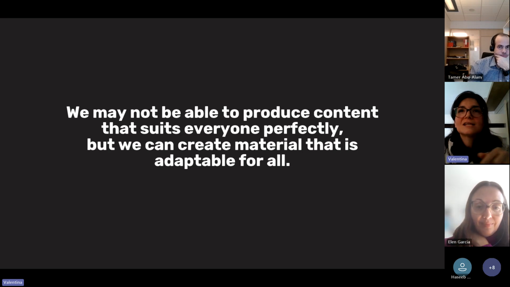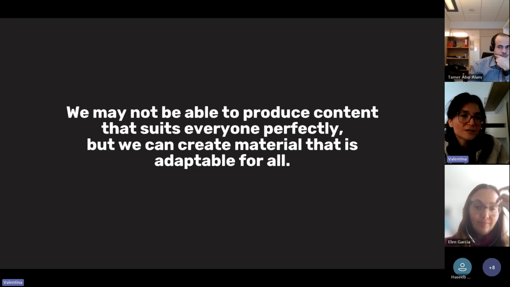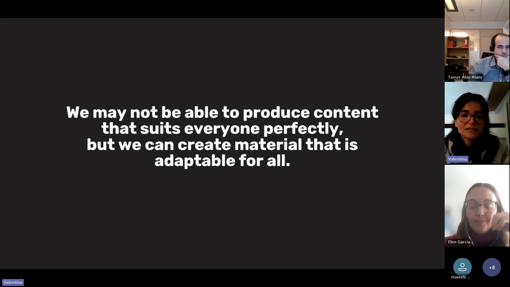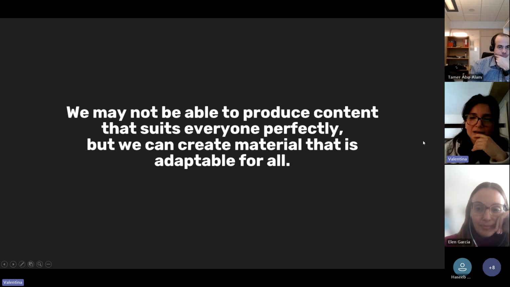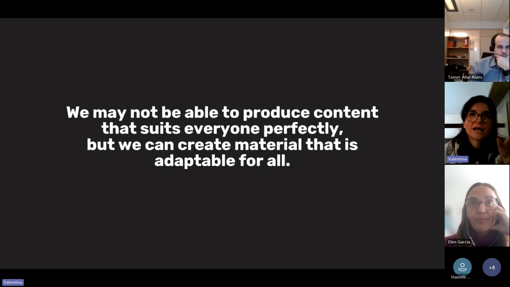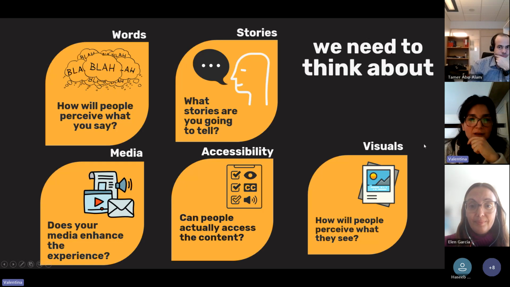We cannot be aware of the needs of others, but we can give others an option. So that is the difference between universal design and inclusive design. Inclusive design gives an option, and you can choose, basically. So it's more of a human-centered thing.